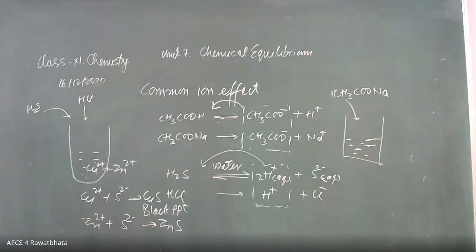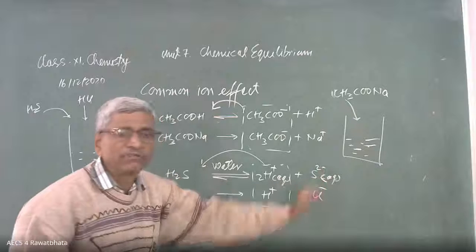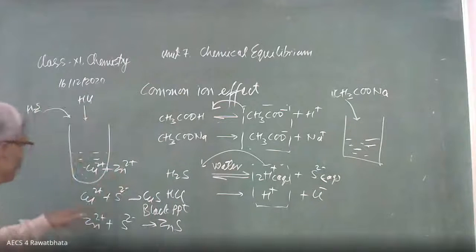Then how to decide? This zinc sulfide precipitation needs lots of sulfide ion, while copper ion precipitation needs only limited sulfide ion. So in this condition, when HCl is already there and we are adding H2S, only a limited concentration of sulfide ion will form. And in this situation, only copper ion will precipitate. This is the beauty of the question.